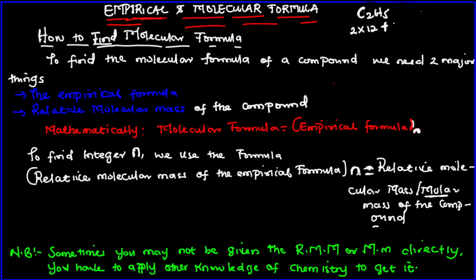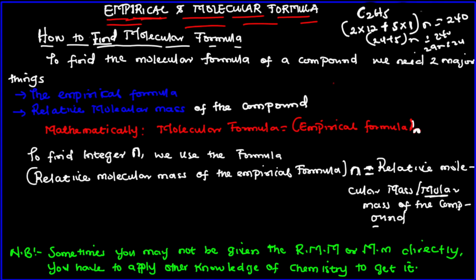So 2 times 12 plus 5 subscripts times the relative atomic mass of hydrogen, which is 1. So n, let's say they give us the relative molecular mass of the compound to be, let me say, 240 for example. So 2 times 12 is 24 plus 5, times n, equals 240. So we have 29n equals 240. So divide both sides by 29.